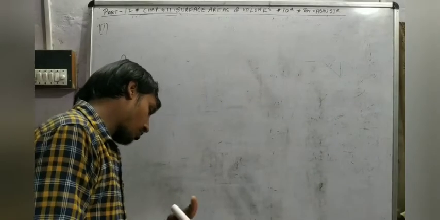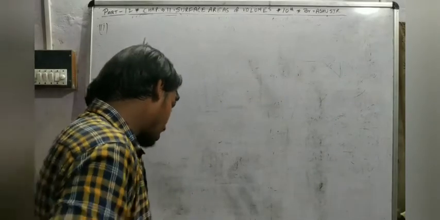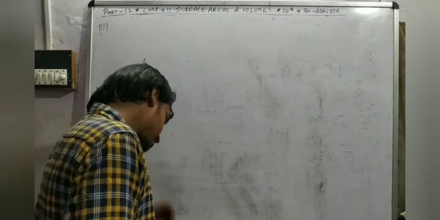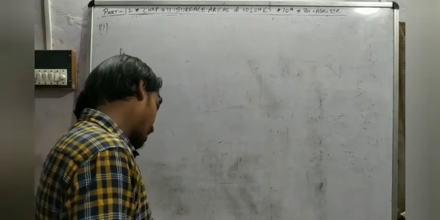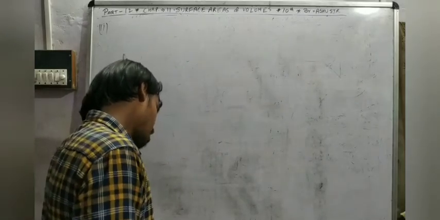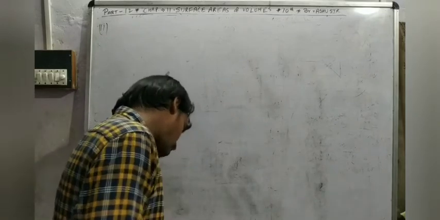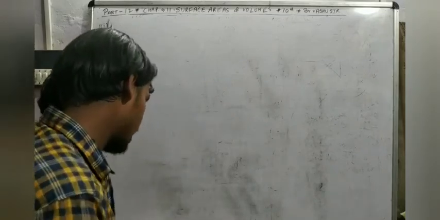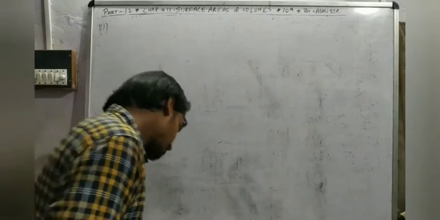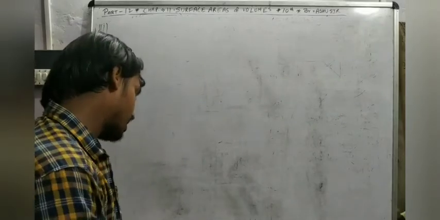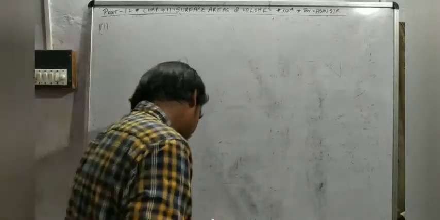Read the question. A cubical block of side 10 cm is surmounted by a hemisphere. What is the largest diameter that the hemisphere can have? Find the cost of painting the total surface area of the solid so formed at the rate of 5 rupees per 100 centimeter square.